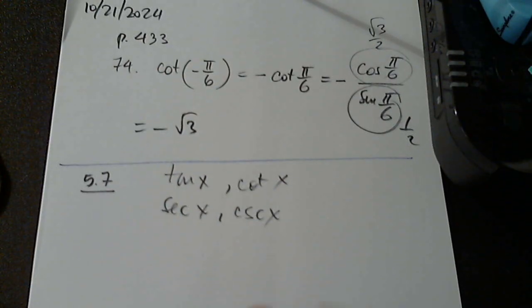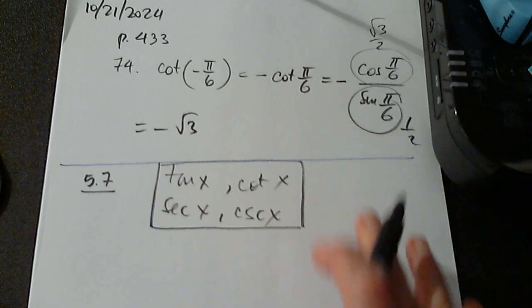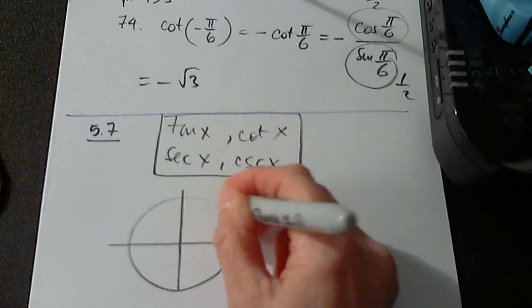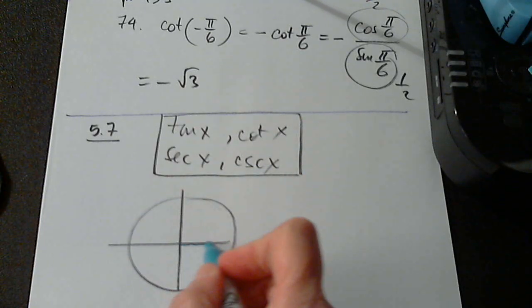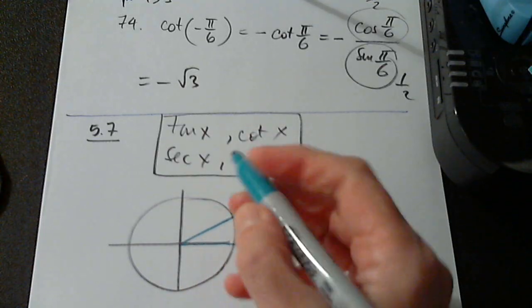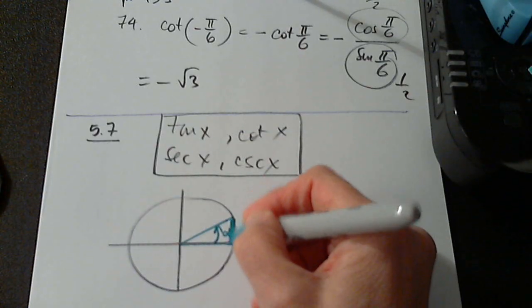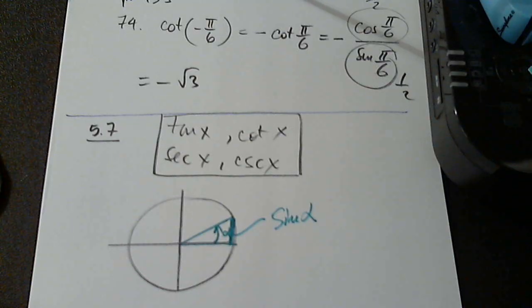Now, if you remember from the unit circle, for any angle that is a central angle in standard position, we have this piece, which is sine alpha, and we have this piece, which is cosine alpha.